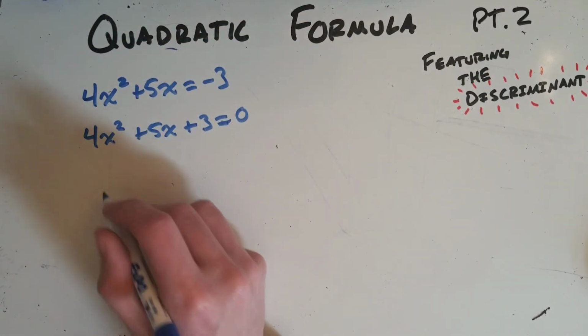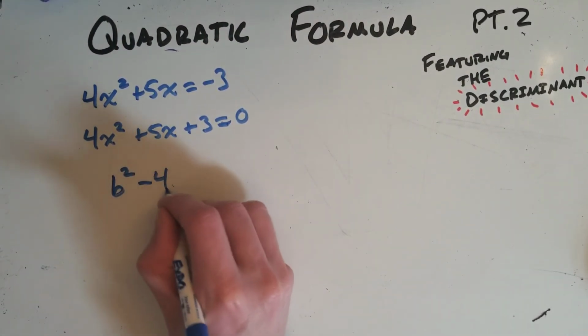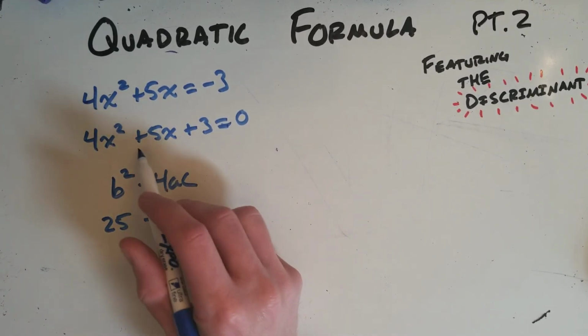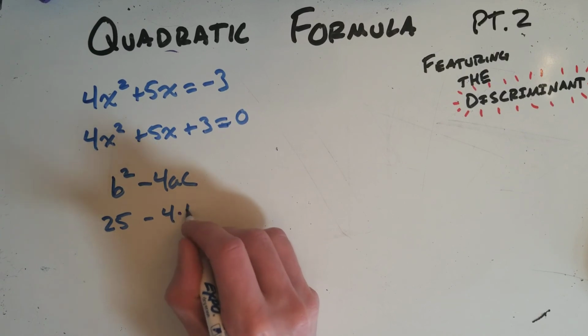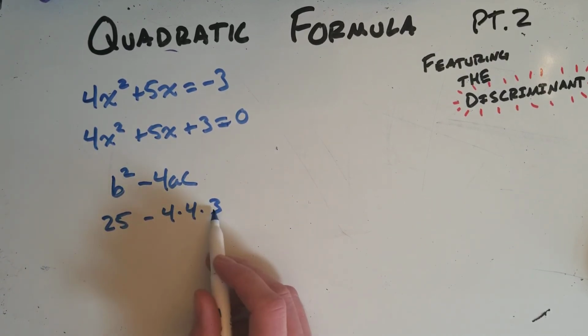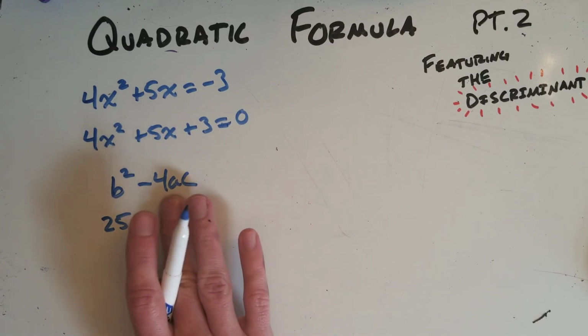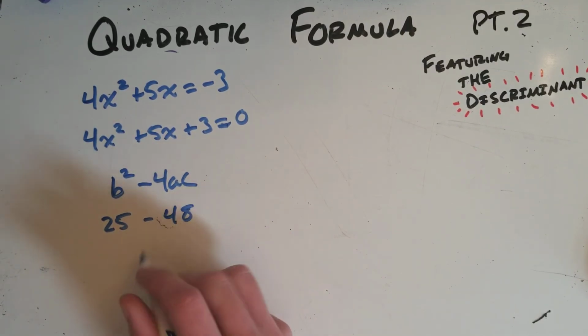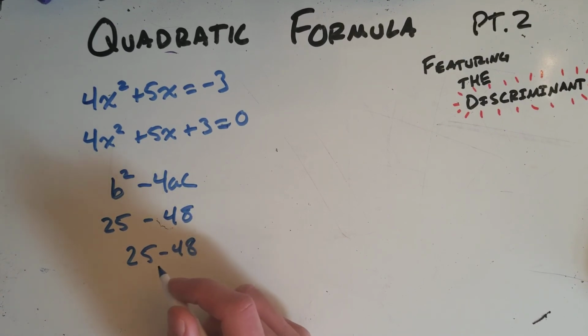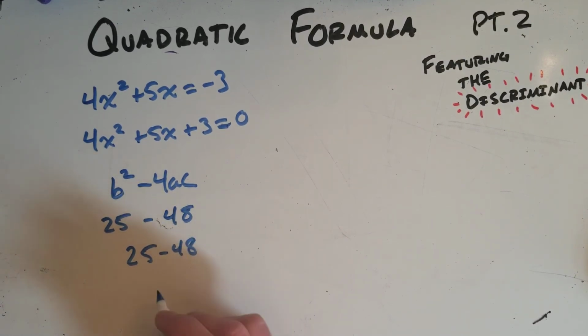We can go ahead and say b squared minus 4ac. Well, b squared is 25 minus 4ac, so minus 4 times 3. 4 times 4 is 16 times 3 is 48. And 25 minus 48 gives us a value of negative 23.